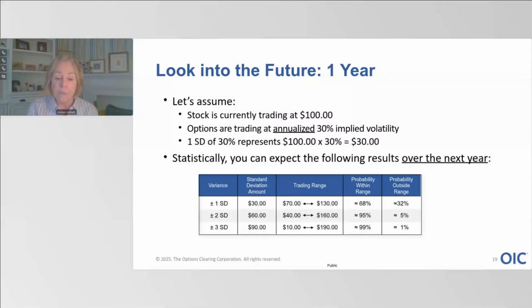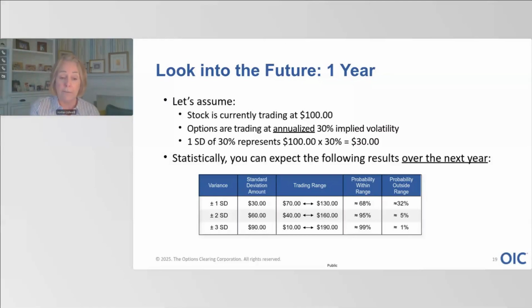Now, when market makers' risk is evaluated by their clearing firm, this is what they use. They're typically looking at 3 standard deviations out to see what risk they're holding, to determine whether or not they have the capital to hold that kind of risk.